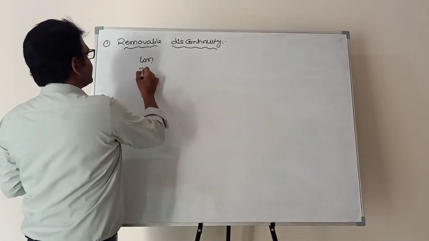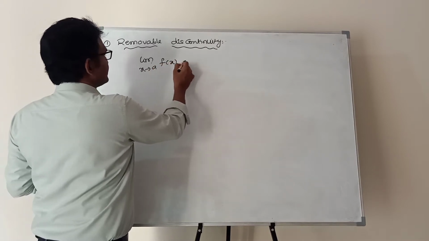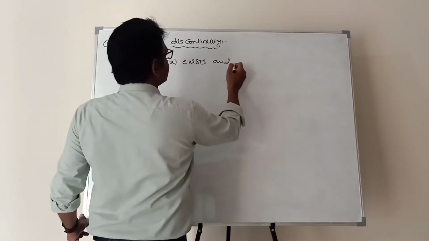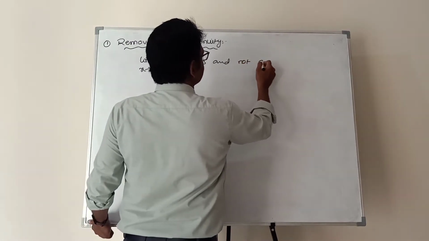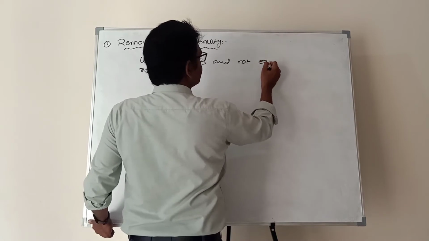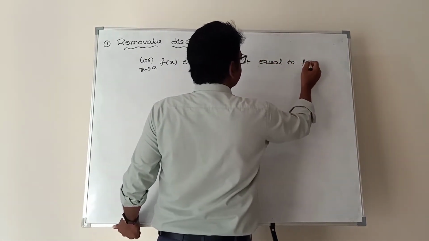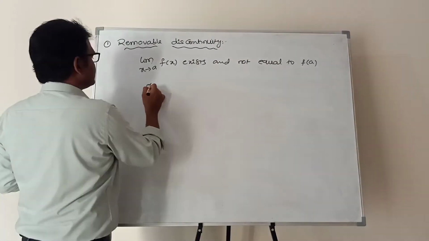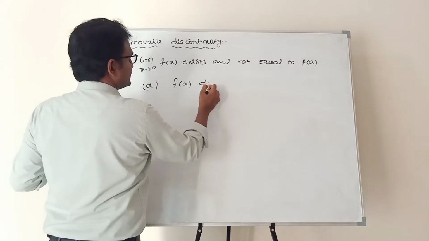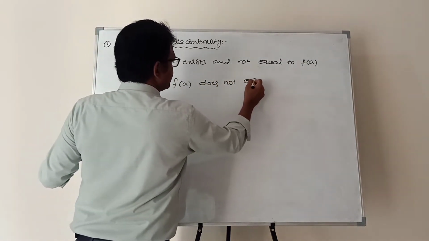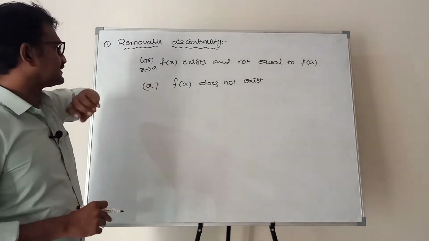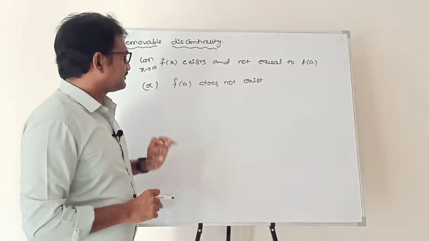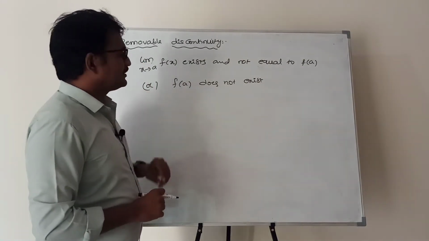Limit x tends to a f of x exists and is not equal to f of a, or f of a does not exist. Then it is called removable discontinuity.